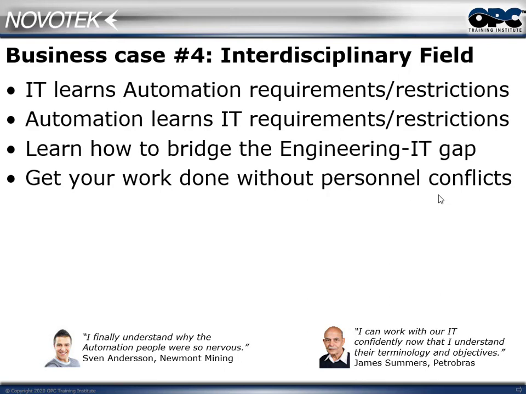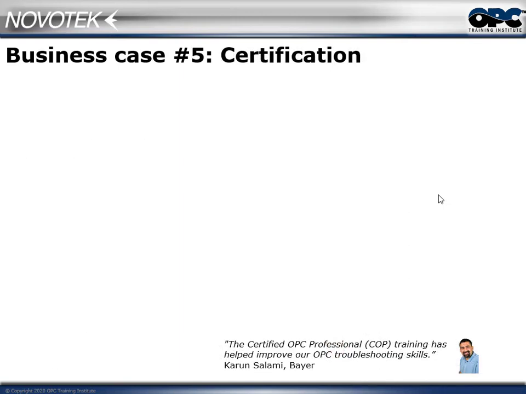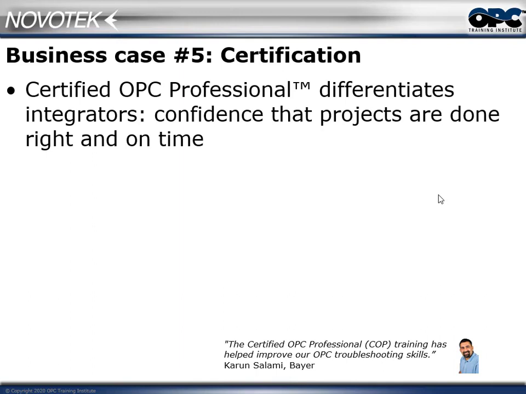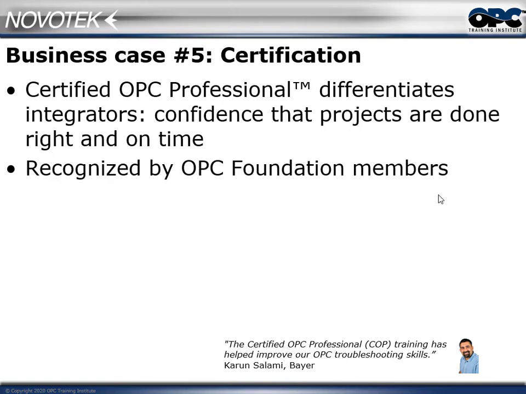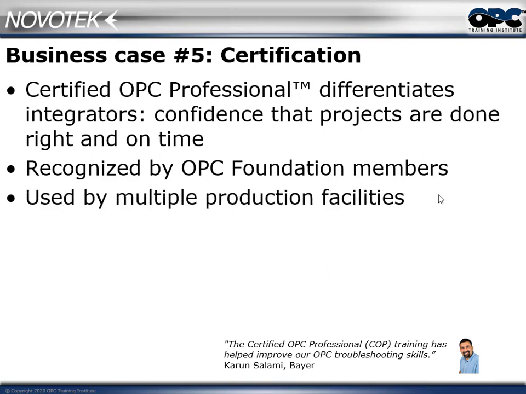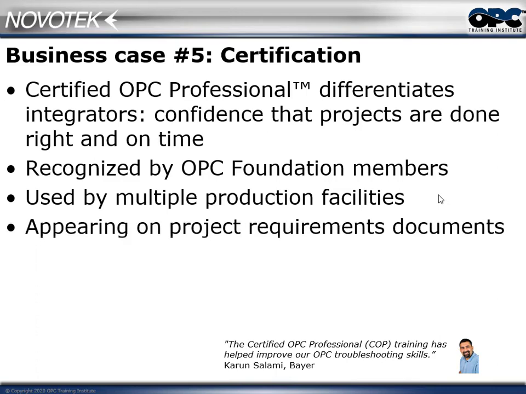And so you can start to get your work done without all the conflicts and the finger pointing and the yelling. Of course, you get your certification. So you get your COP, Certified OPC Professional designation, which hopefully differentiates you from other people, ensures that you actually know what's going on, and you can start to look for that with your integrators.